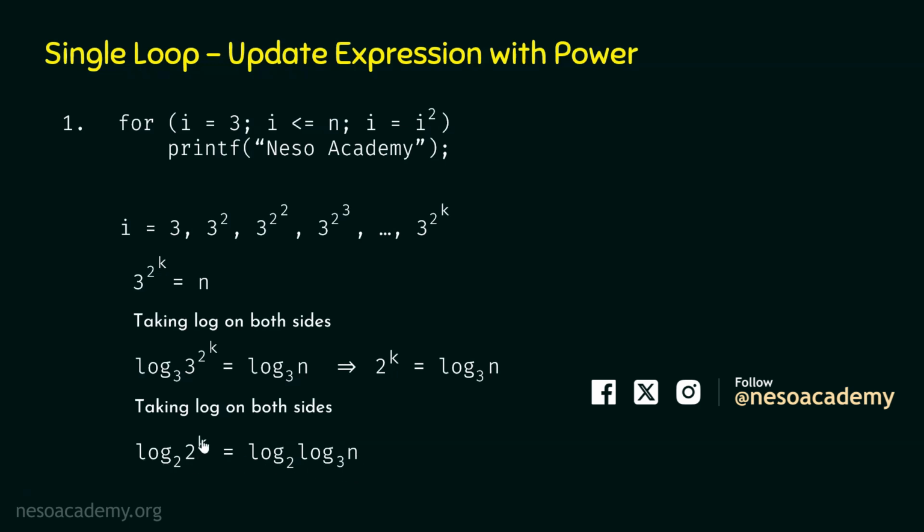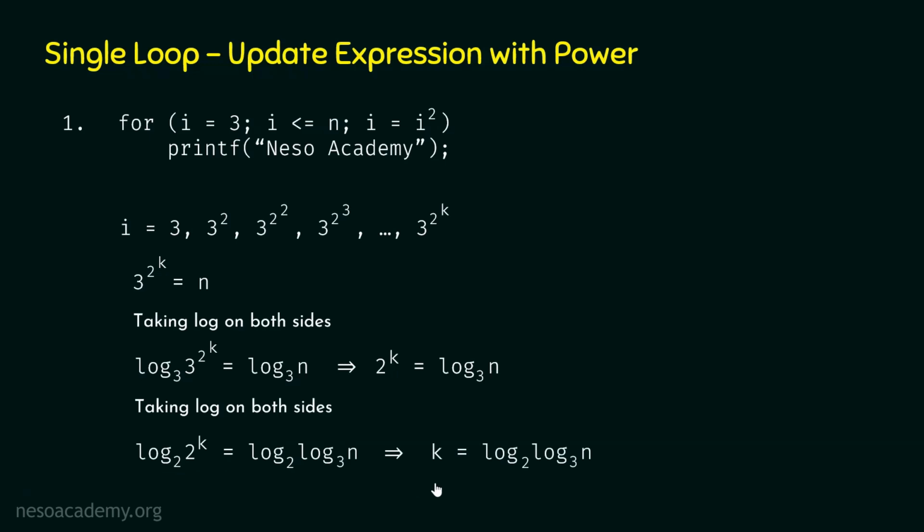What is log 2 power k base 2? K will come in front of log 2 base 2, and log 2 base 2 is 1, so we will get k here. So we can say k is equal to log base 2 of log n base 3. So this is the value of k.